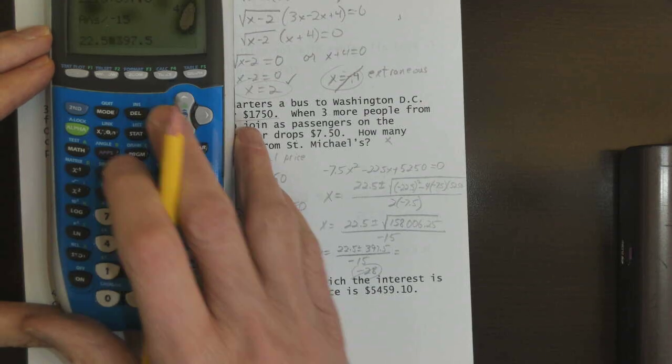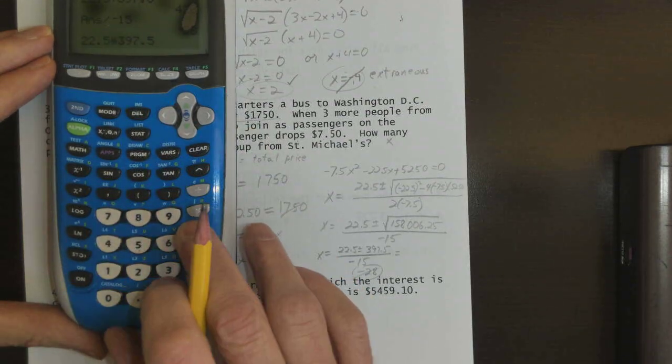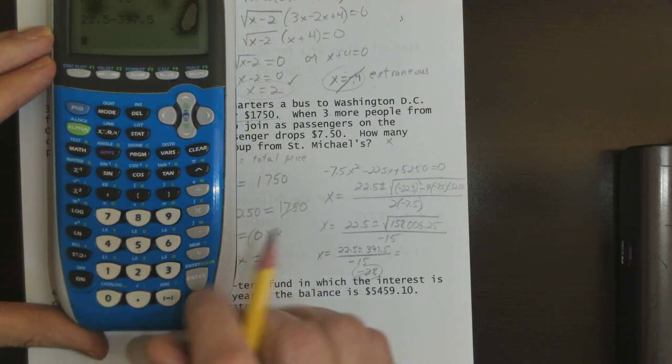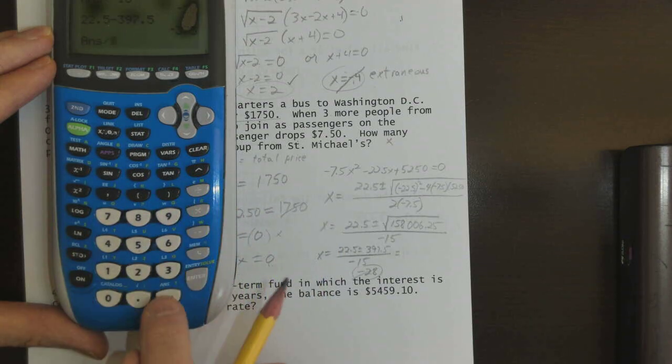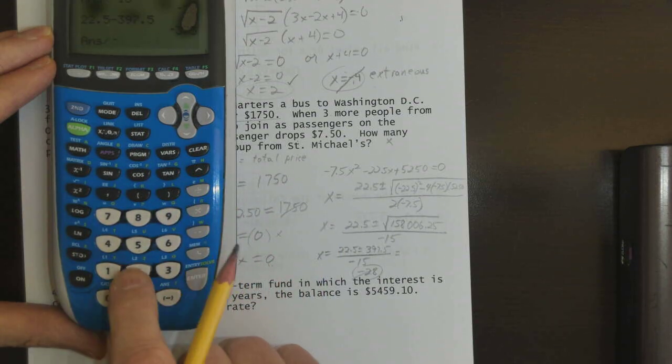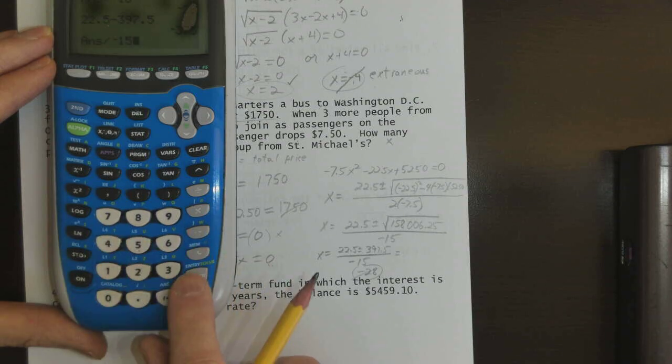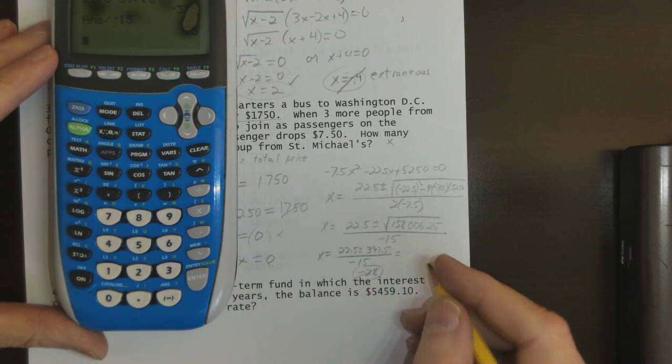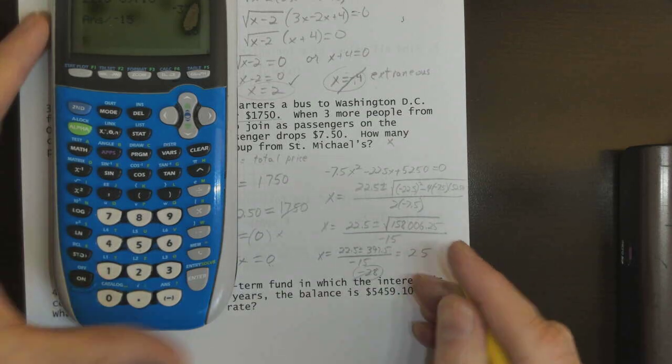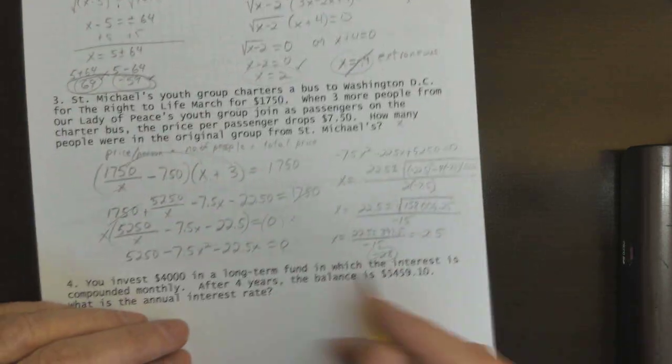Okay, let's put a minus here instead of a plus, and then divide that by negative 15, and I'm getting 25. So x equals 25.